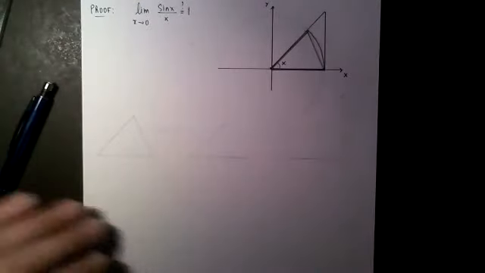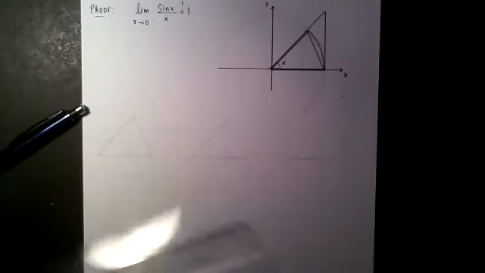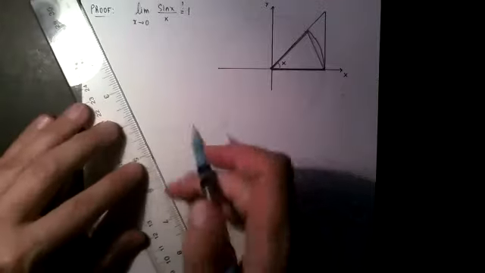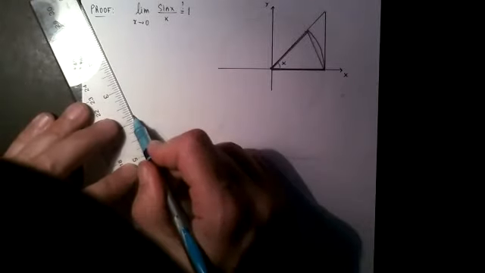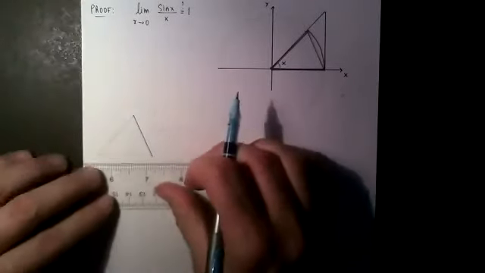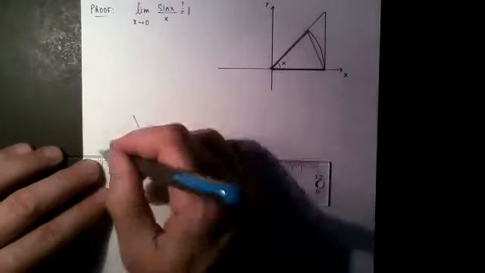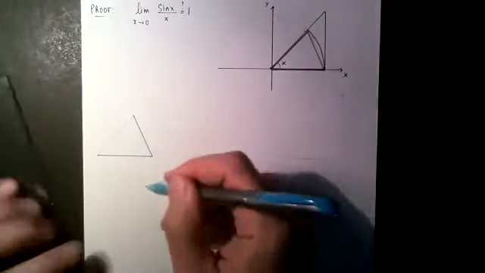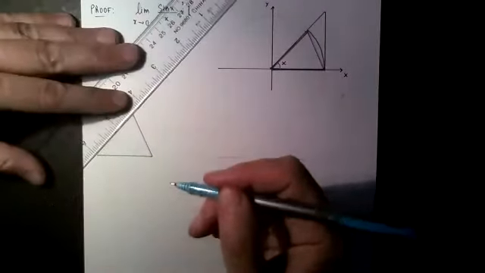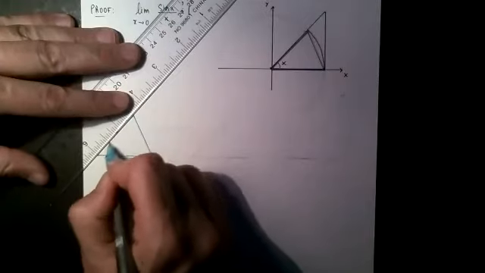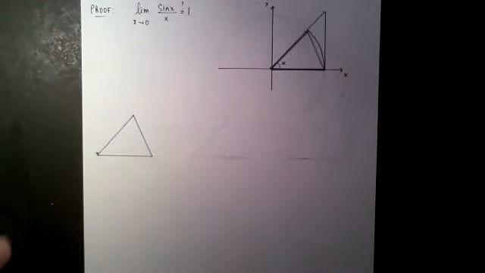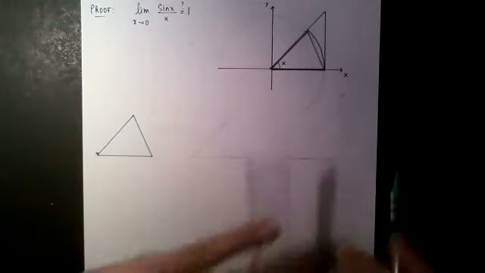There we go. So this is my blue triangle right here. The green one.